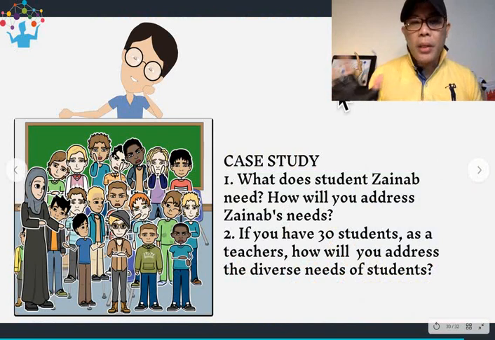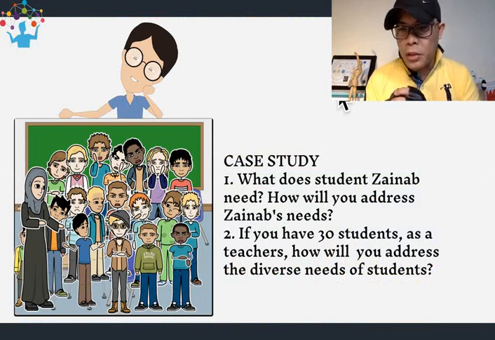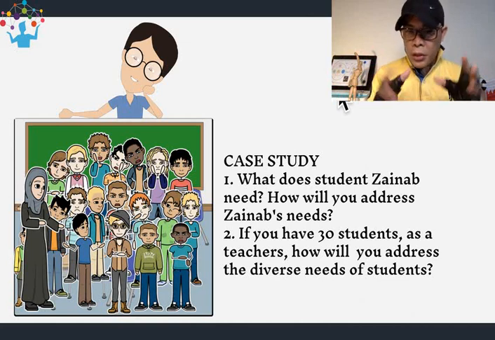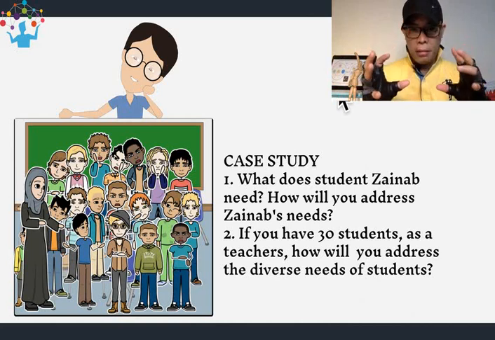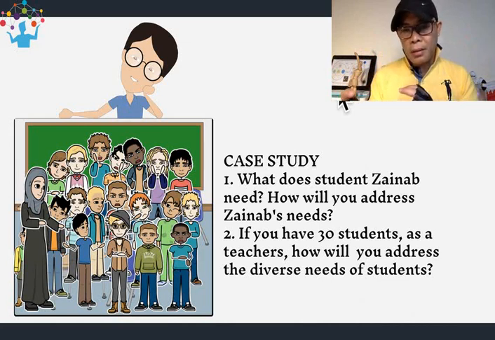As always, let's work on some specific cases. We have been working on the student Sign-ups case. How will humanistic theory respond to Sign-ups' needs? As a humanistic teacher, how will you address Zainab's needs using the humanistic theory?